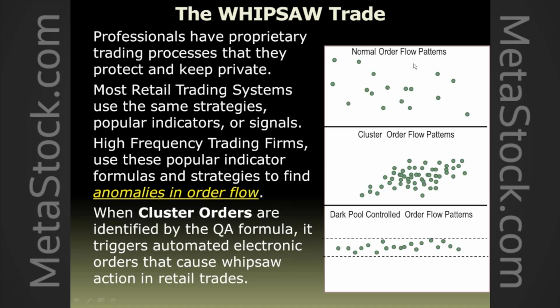So the normal order flow is random because there are so many different types of orders that you can have, so many different time frames, and so many share lots. Cluster orders occur when everybody starts trading the same, and this is what the professionals absolutely try to avoid. Retail traders' systems don't avoid this, and this is what we're going to talk about tonight, how to avoid this kind of condition, which causes the whipsaw trades that most of you experience.